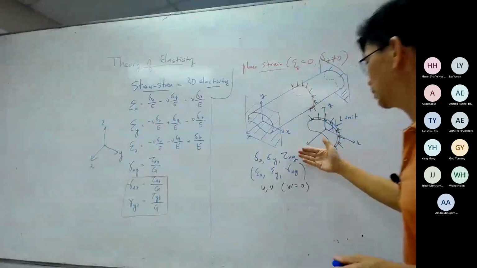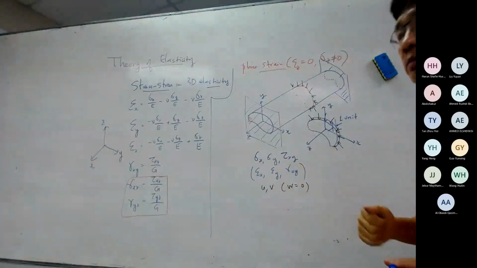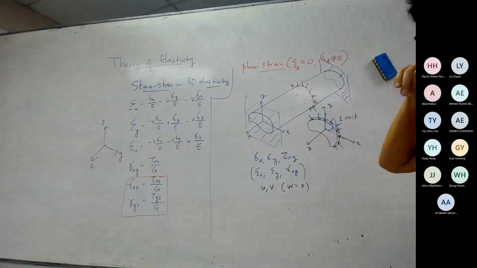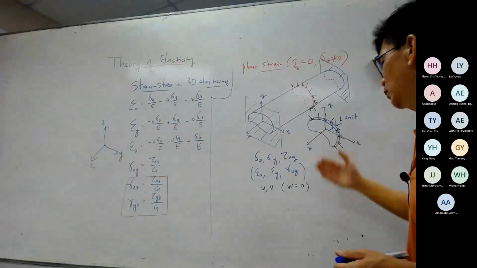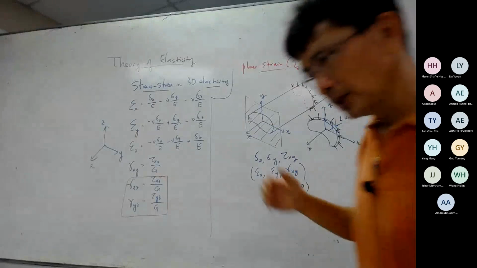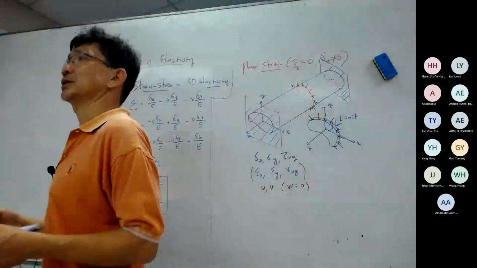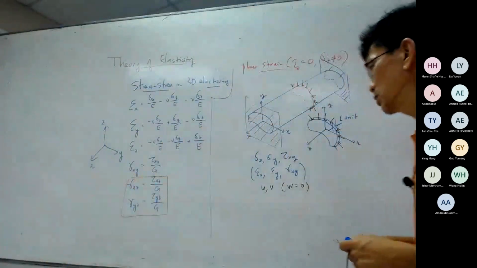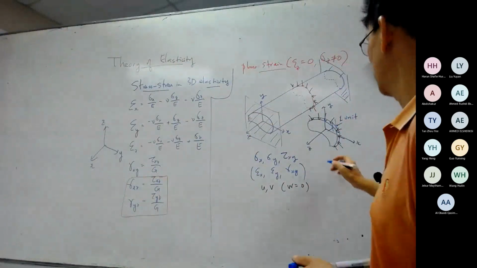So we have 3 stresses, 3 strains, and 2 displacements to be solved. We have 2 equilibrium equations, 3 stress-strain relations, and 3 strain-displacement relations that we need to make use of.